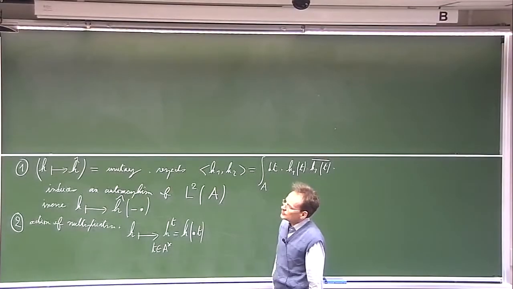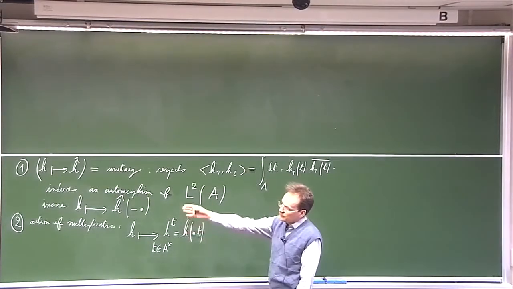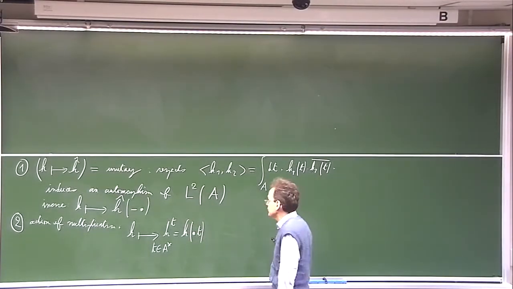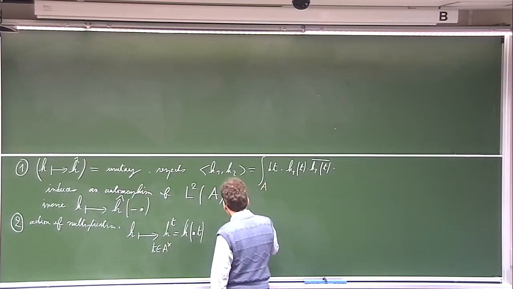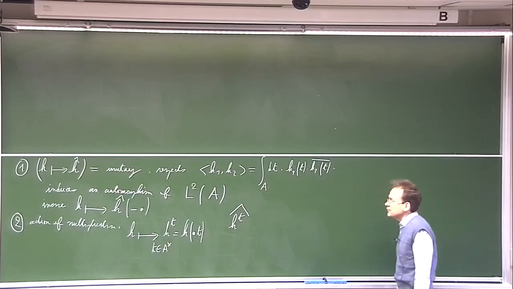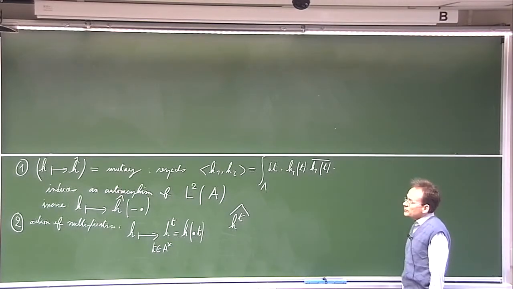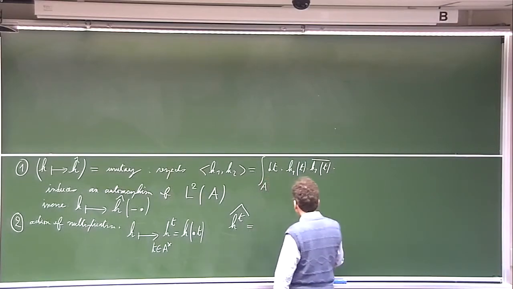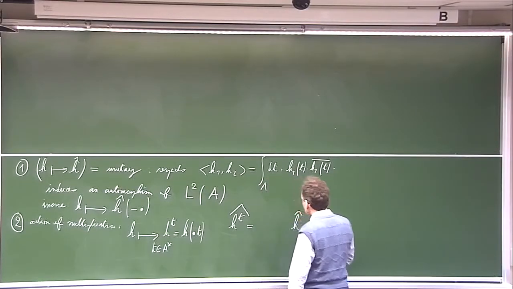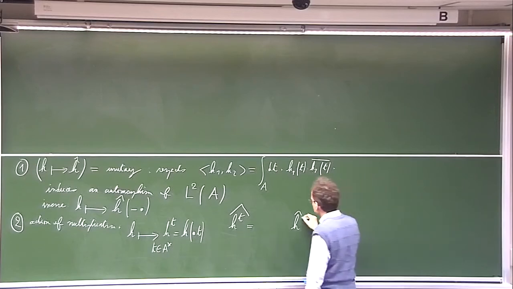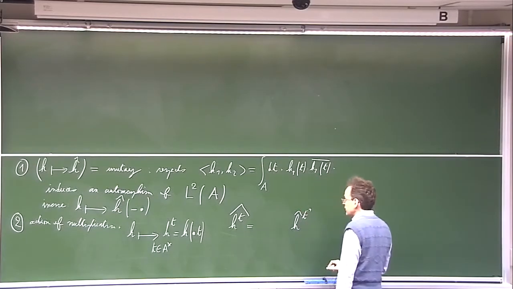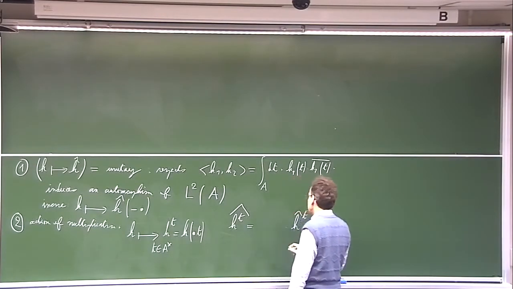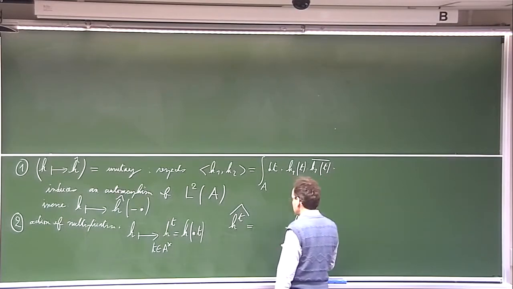So what can we say in general? Just by a formal computation of the formula which defines the Fourier transform, we can say the following. The Fourier transform of the function h translated by t is the same thing as the Fourier transform of h translated by t minus 1, but here there is a correcting factor.